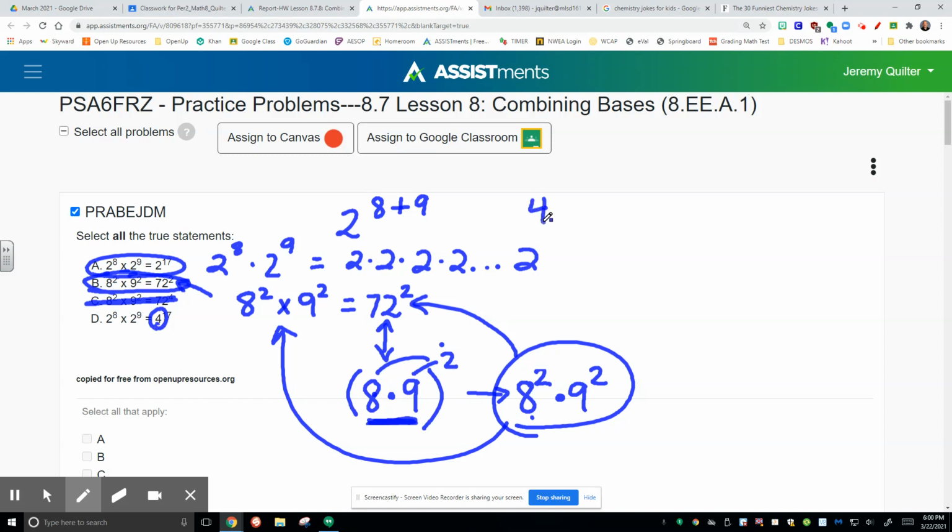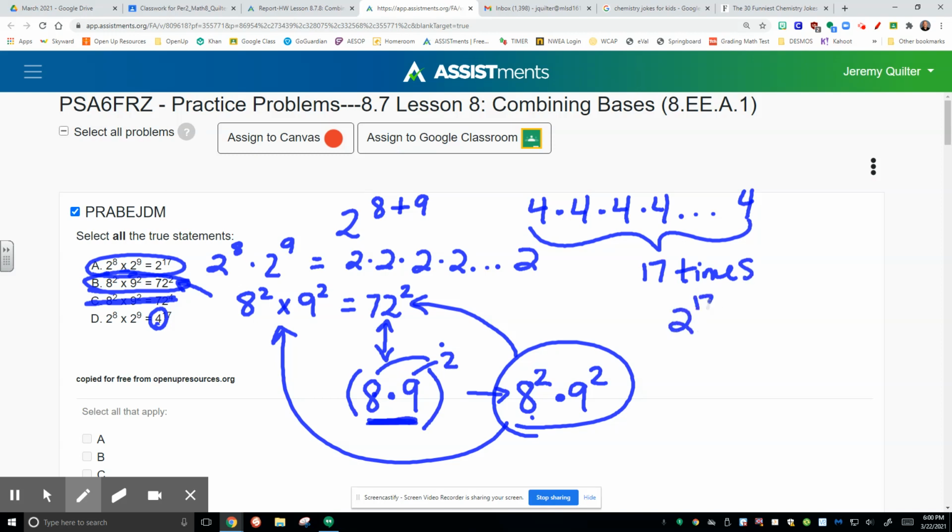Otherwise, we end up with something totally different, something of 4 times 4 times 4, right? 17 times. And we don't want that, because the bottom line is this: 2 to the 17th power is not equal to 4 to the 17th power because the bases are completely different. So letter D is also out.